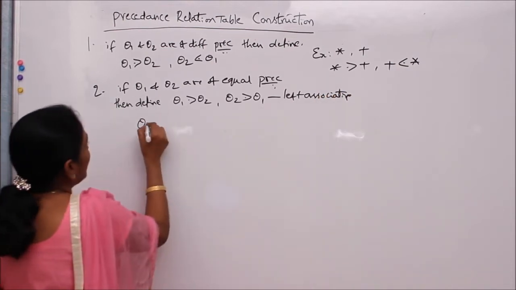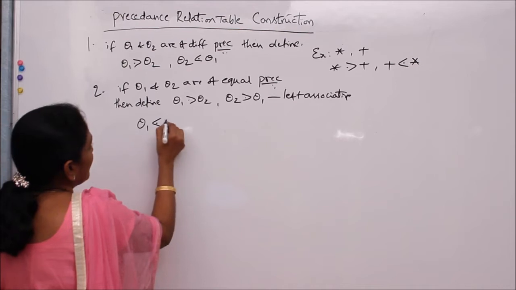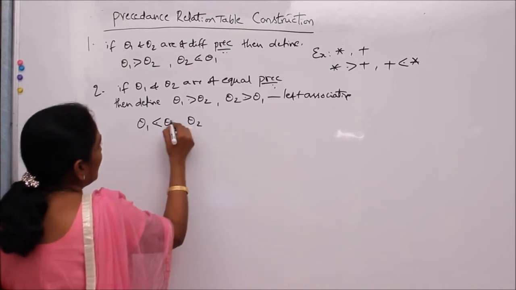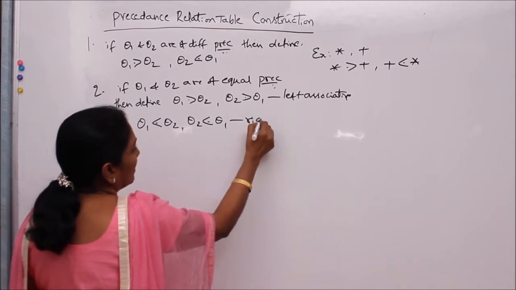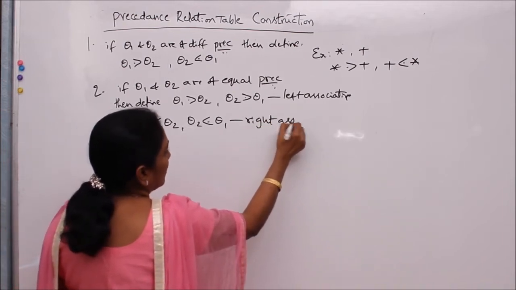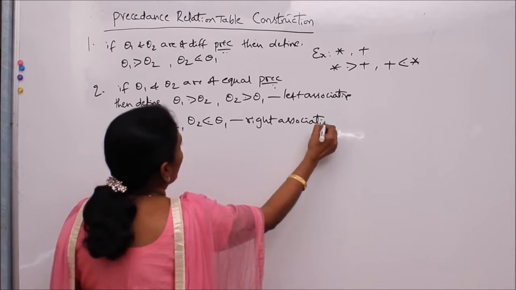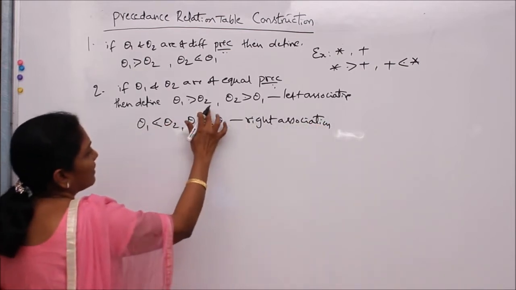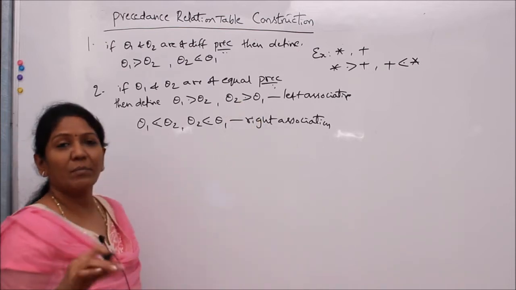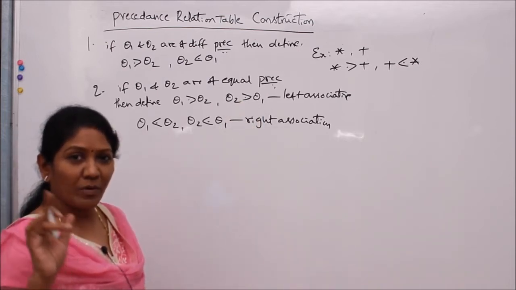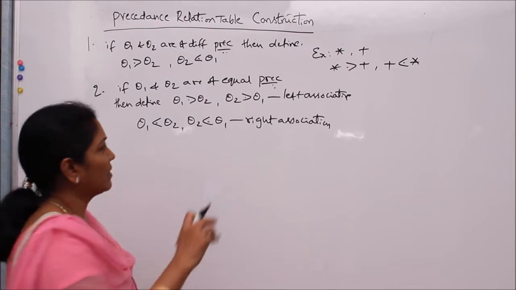Whereas theta 1 has less precedence than theta 2, and theta 2 has less precedence than theta 1, if they are right associative. So look at this, theta 1 greater than theta 2, theta 2 greater than theta 1, both are possible, which generally is not possible with relational operators.